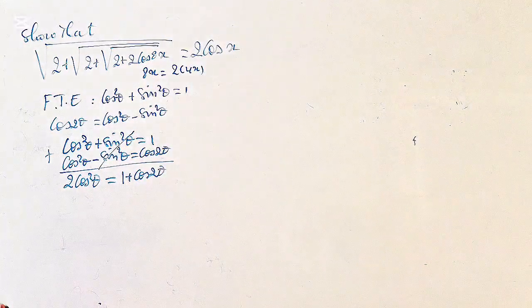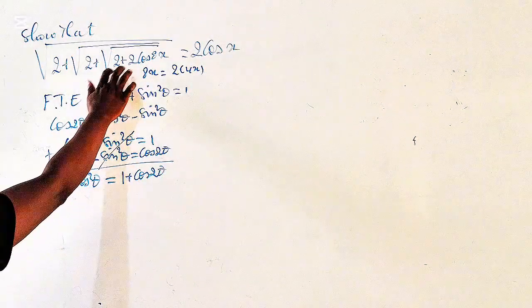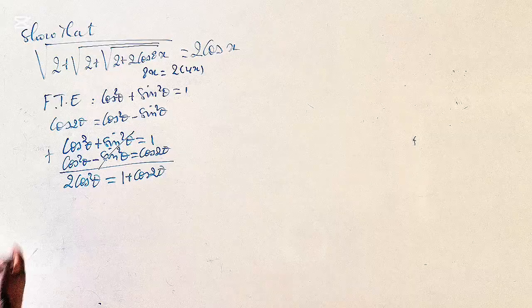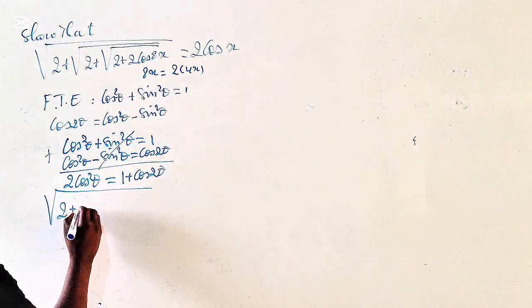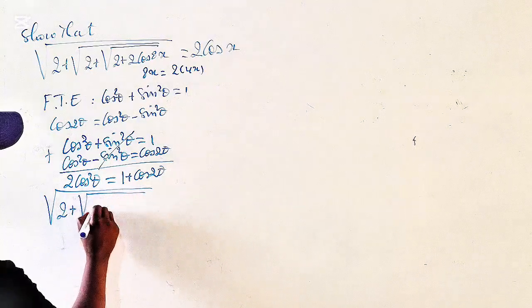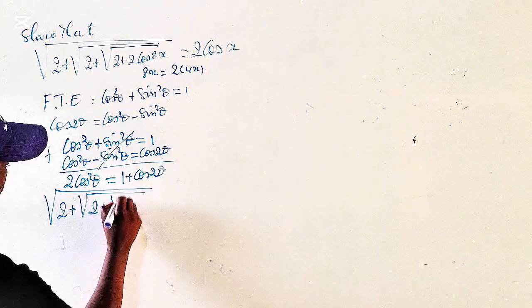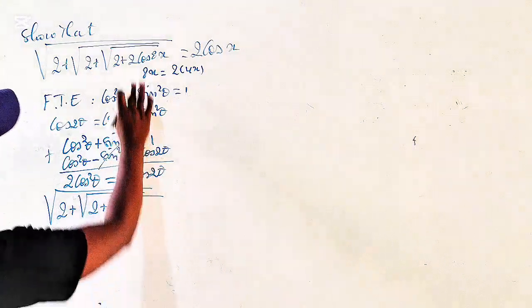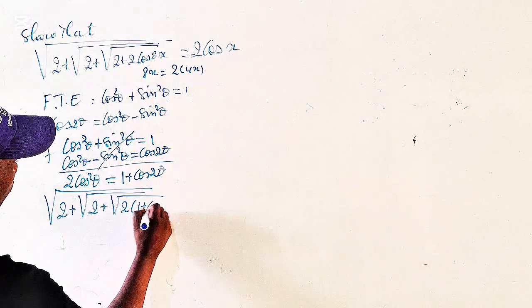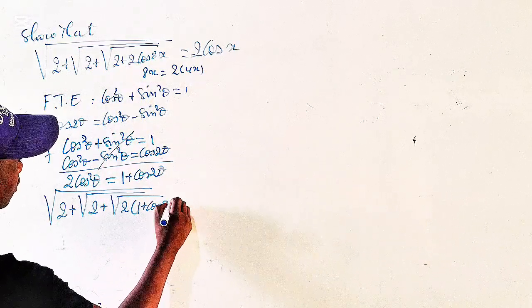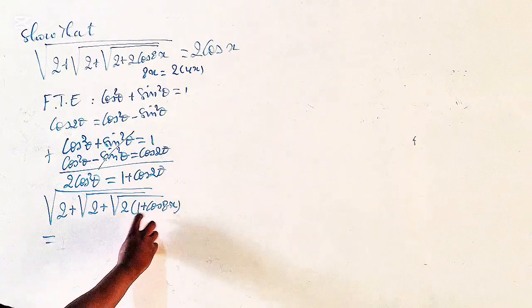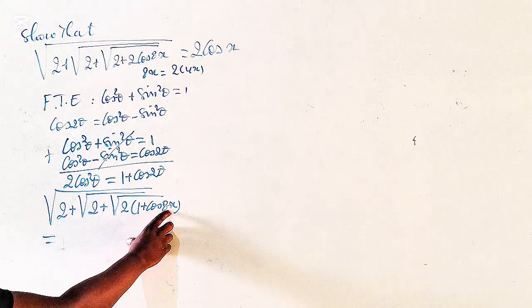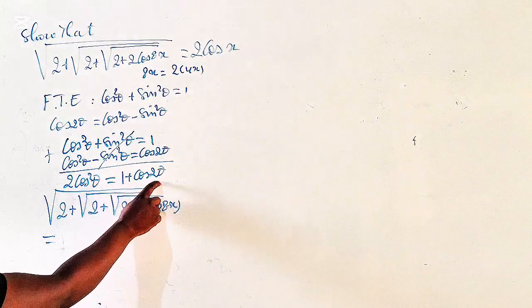Now let's factorize these two. We have the square root of 2 plus the square root of 2 plus the square root of 2 times 1 plus cosine of 8x. You see, this is 1 plus cosine of 8x, here is 1 plus cosine of 2 theta.